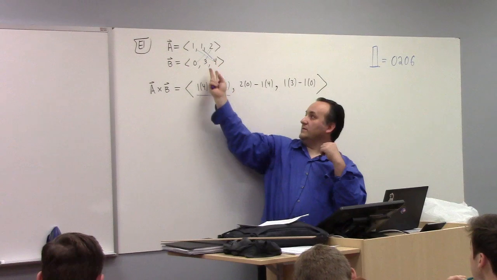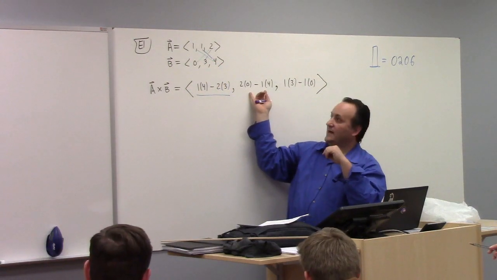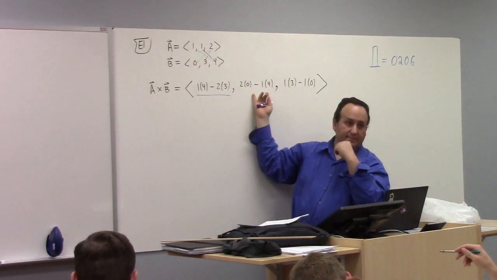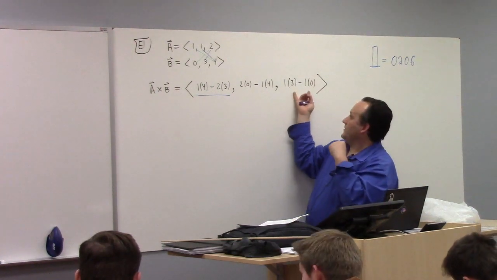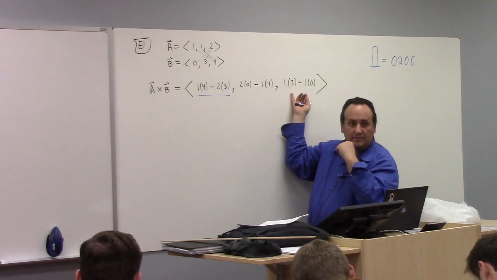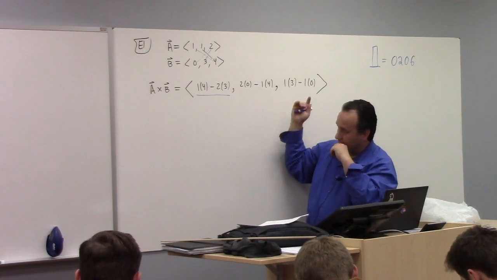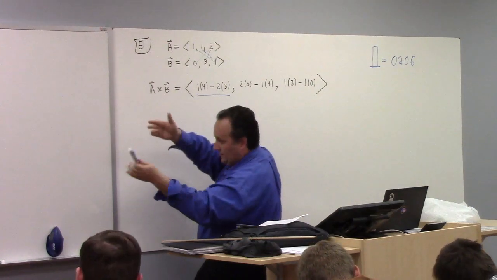I use the 1, 2, and the 3, 4 here. When I'm in the 2 component, I'm not using the 1 or the 3. I'm only using 1, 0, and 2, 4. For the 3rd component, I'm using 1, 2, and 2, 1. Now, there's still a question of how do you choose plus or minus, right? But anyway, I'm using the formula.